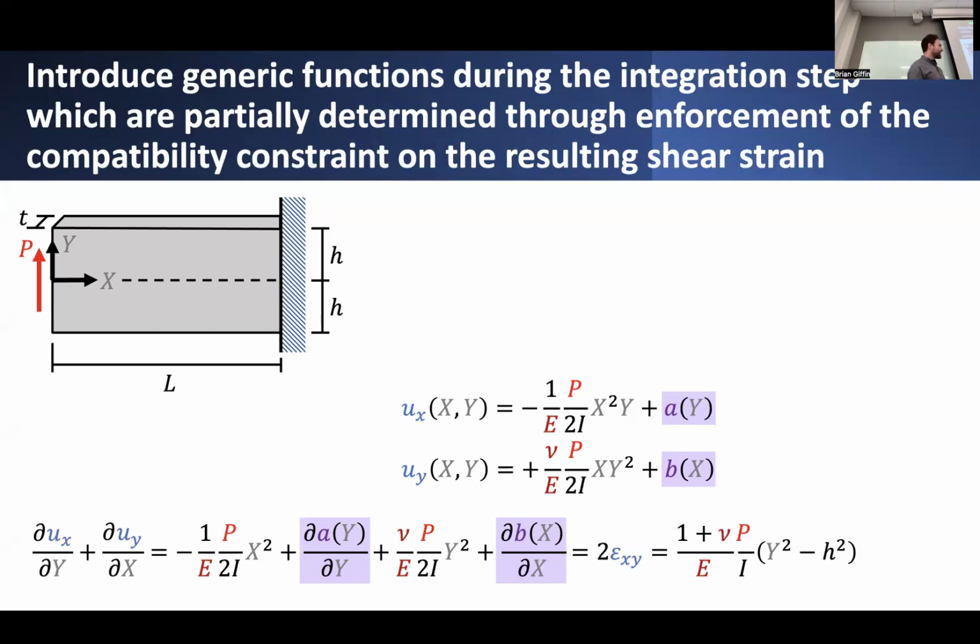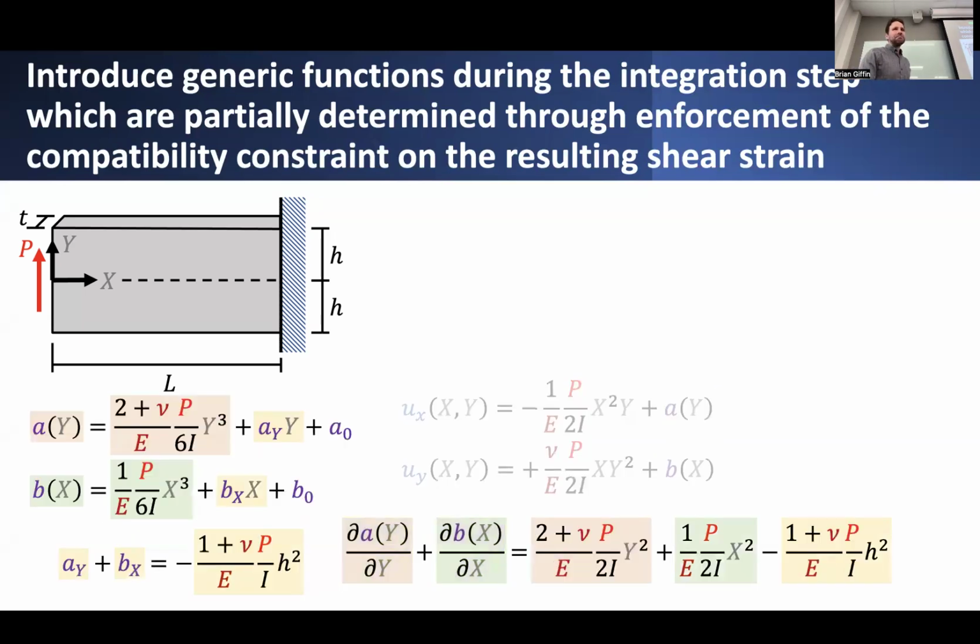So if I'm looking for some way of relating the terms that appear in this equation to what should show up in my function A as a function of y, I can safely say that any of these terms that involve x squared shouldn't influence my chosen form for this function A. And conversely, this function B, which depends only on x, shouldn't depend on these terms that involve y squared. So we can safely say that those are not associated with one another.